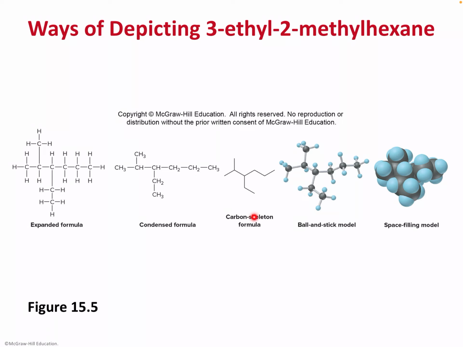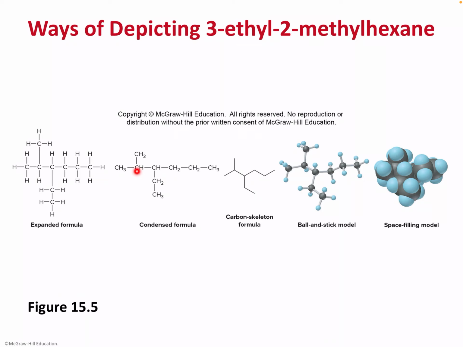And then the easiest one is the carbon skeleton formula, where you are not showing carbon nor hydrogen, but you represent just the connectivity, just the bonds. So here you have this carbon with 3 hydrogens, but you are not showing them. And this carbon has 1 hydrogen, hydrogens are not showing, and these points represent carbons.